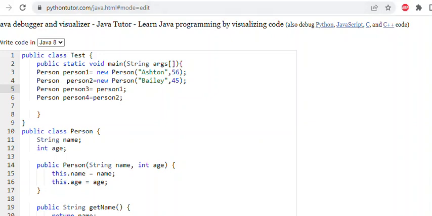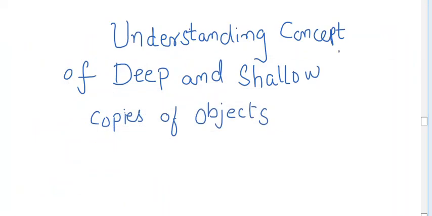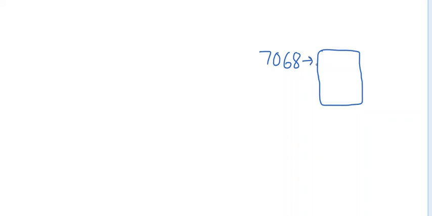So let me show you a more visual representation of that. So this would be like this. Let's say person1's location in the RAM was, now I'm just making up these numbers for the sake of understanding, memory location 7068.